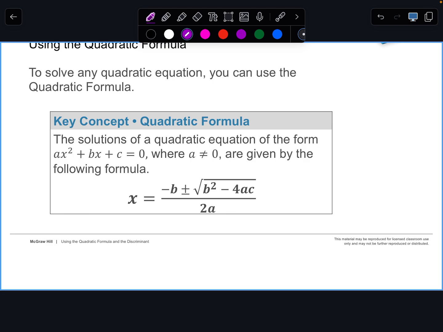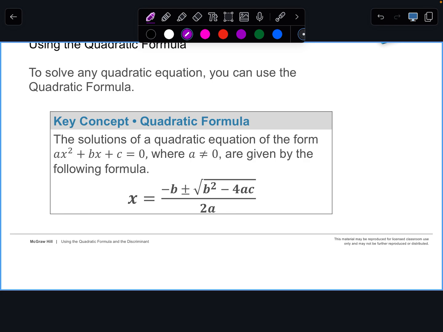X is equal to opposite b plus or minus the square root of b squared minus 4ac all over 2a. Louder. I want Mrs. Foreman to wonder what the heck I am doing to you guys in here right now.